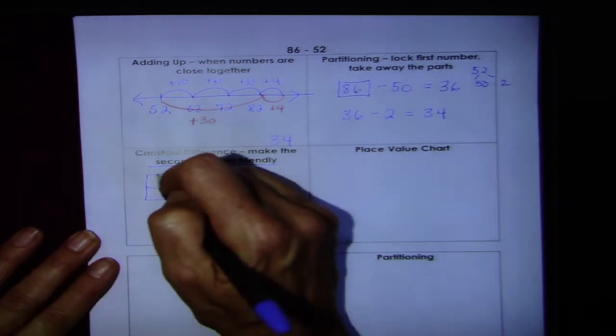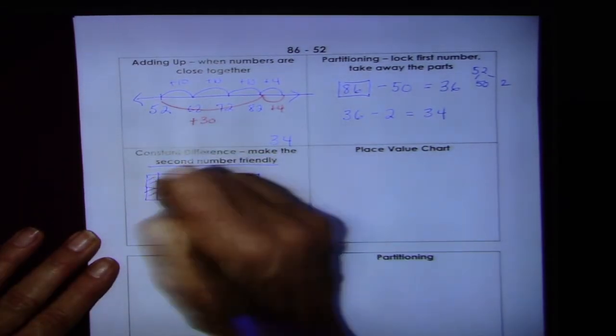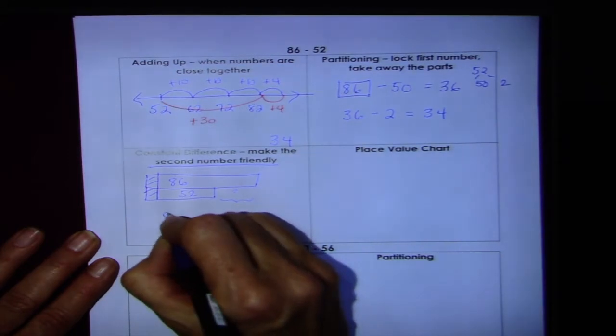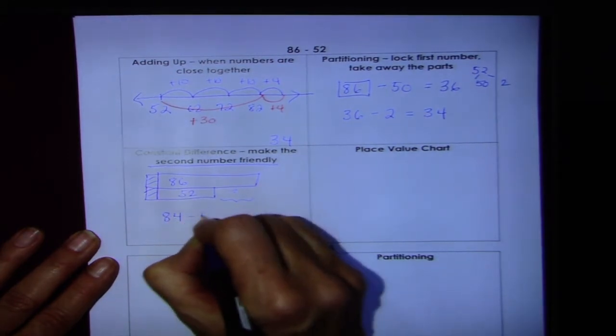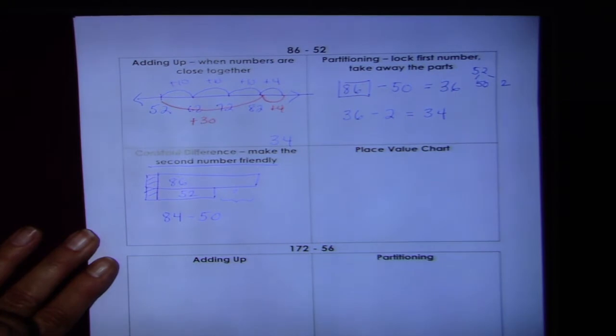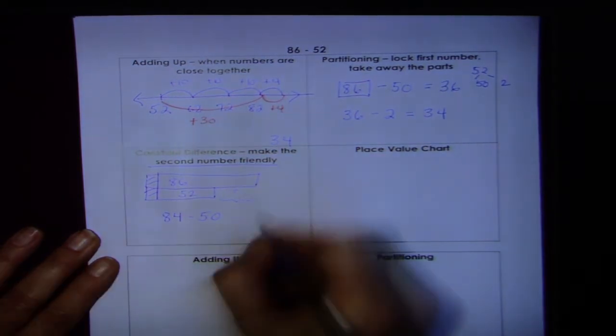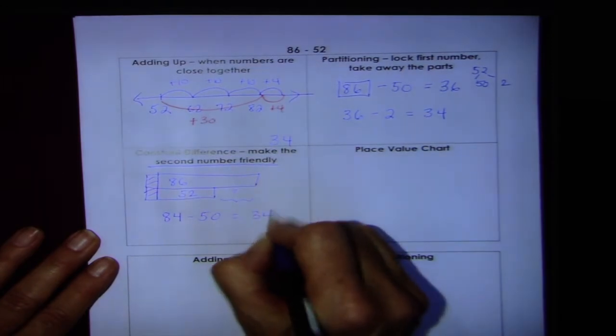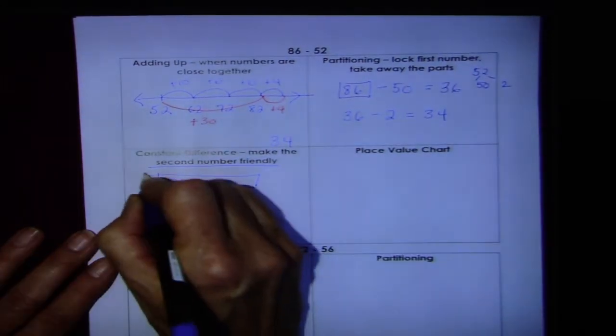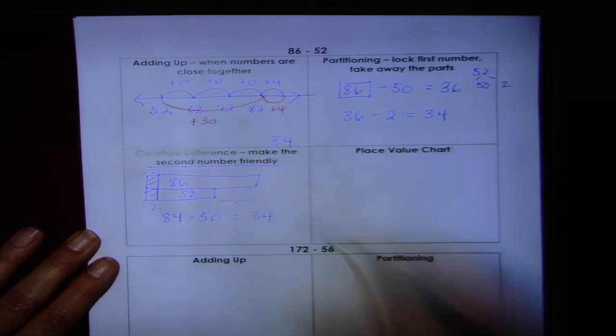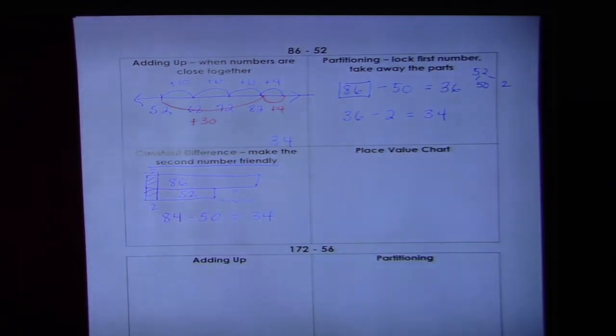Okay, so I'm going to take away 2 from each of these. So I now have 84 minus 50. And for a lot of kids, that now becomes mental math. And I would probably write in not negative 2, minus 2. I do the same thing to the top and the bottom.